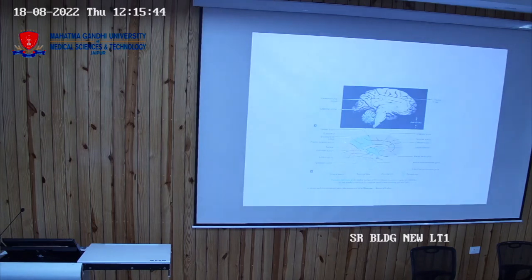Here, there is the parieto-occipital sulcus. This parieto-occipital sulcus is reaching up to the superomedial border, starting on the medial surface just below the splenium. This is the part of the corpus callosum called the splenium. It starts just below the splenium of the corpus callosum, reaches the superomedial border, and also comes slightly onto the lateral surface.